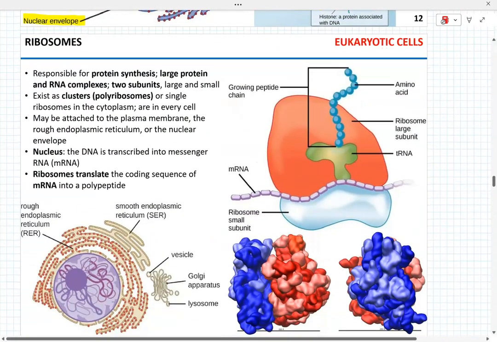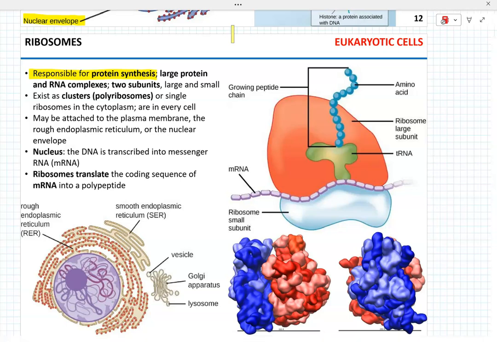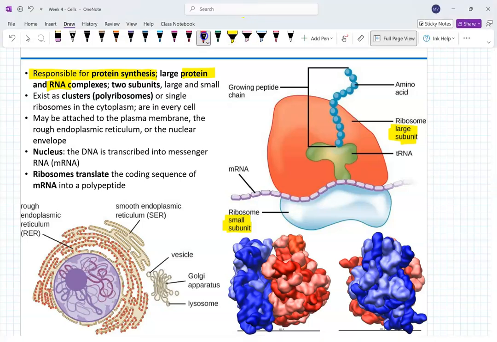So what is a ribosome? Ribosome is a non-membrane bound structure that is responsible for the synthesis of proteins. Essentially, it is a massive complex of RNA and proteins which make up two subunits, the large and the small. Usually ribosomes exist as clusters.